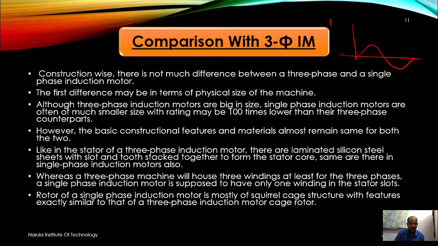From 0 it will go to the maximum on one side, then become 0, and again go to the maximum in the reverse direction. So the rotor starts rotating in one direction, and then the torque tries to rotate it in the opposite direction, but due to inertia that is not possible, right? That's why the rotor starts vibrating instead of rotating in a single direction.